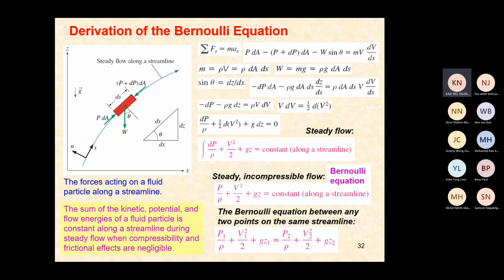With it, we can write m is equal to rho V, where V is the volumetric flow and rho is the density.